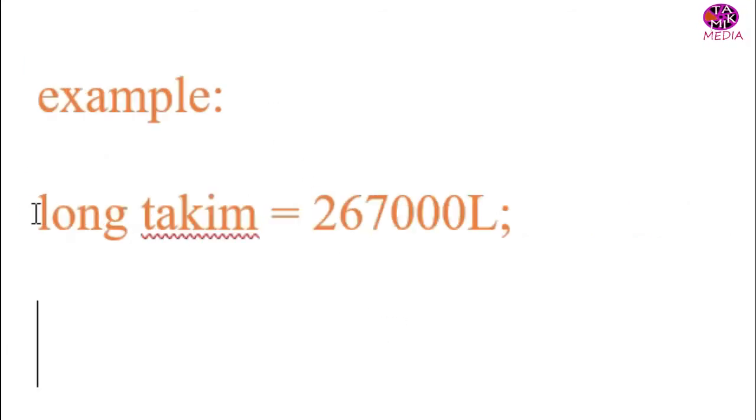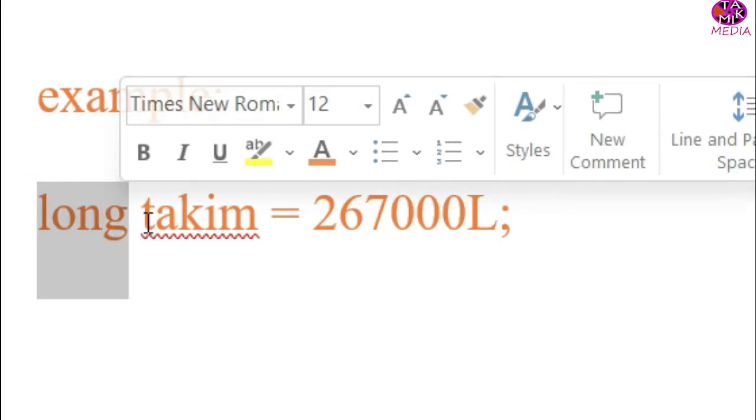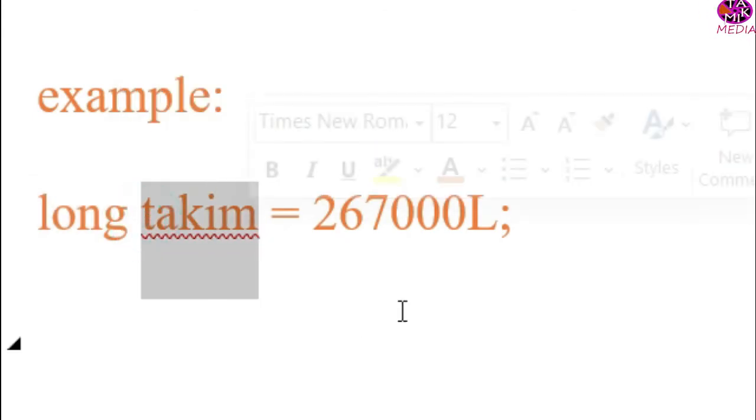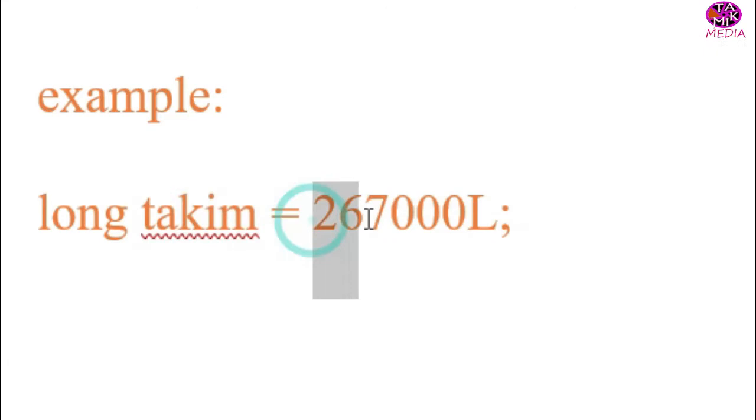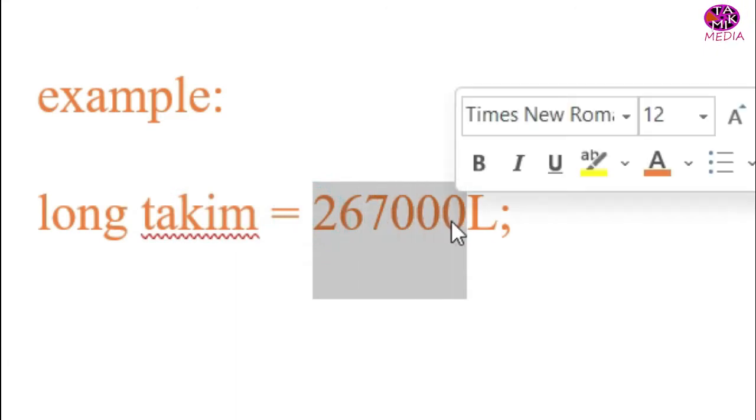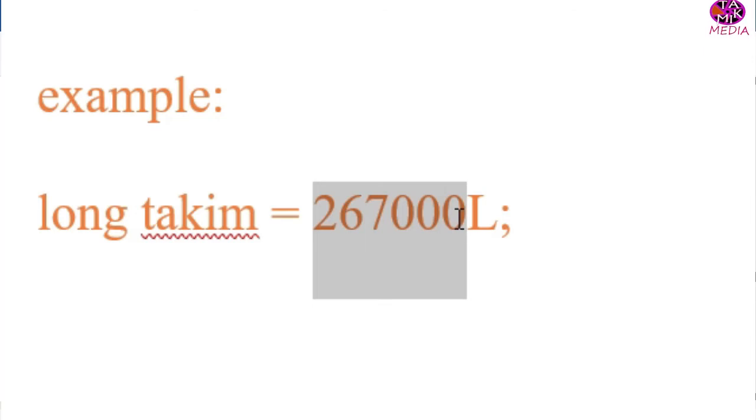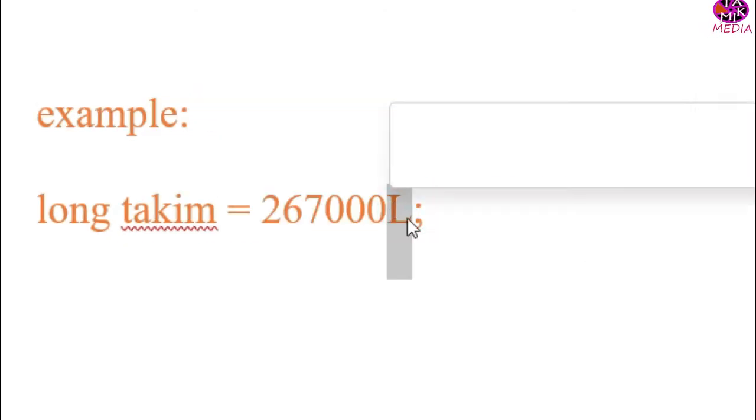Example: this is the keyword, this is the variable name, and you see it's a long value, and I've used an L. As I told before, at least one of the numbers should be followed by L, and that L is here.